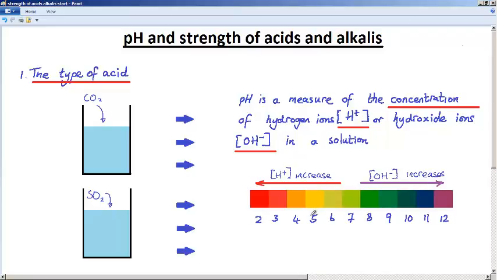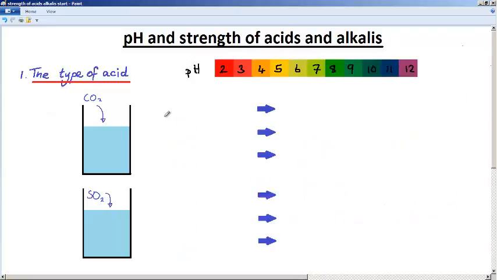So what actually affects the pH of a solution, or the concentration of these ions? Now the first factor is really the type of acid or alkali. It depends upon the nature of the substance. So let's compare some different acids and alkalis.